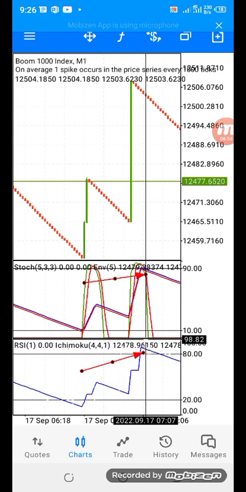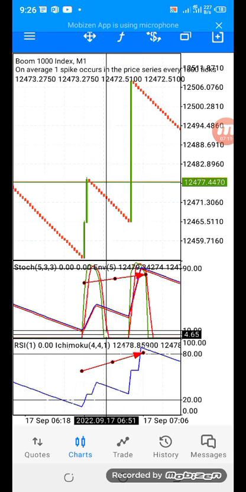Once you have the setup, that means your signal is valid, and have it at the back of your mind that at any point in time you have the full setup, you are having your 5 candles without any stress.